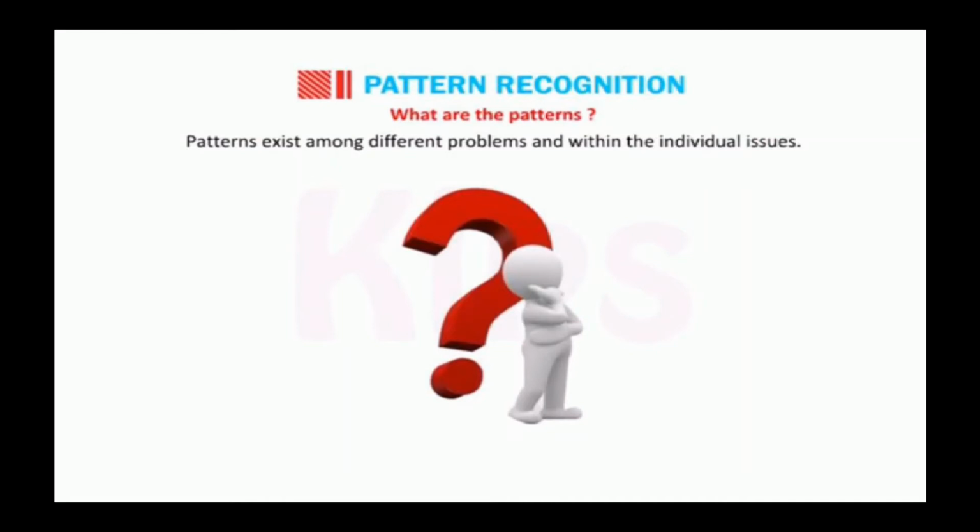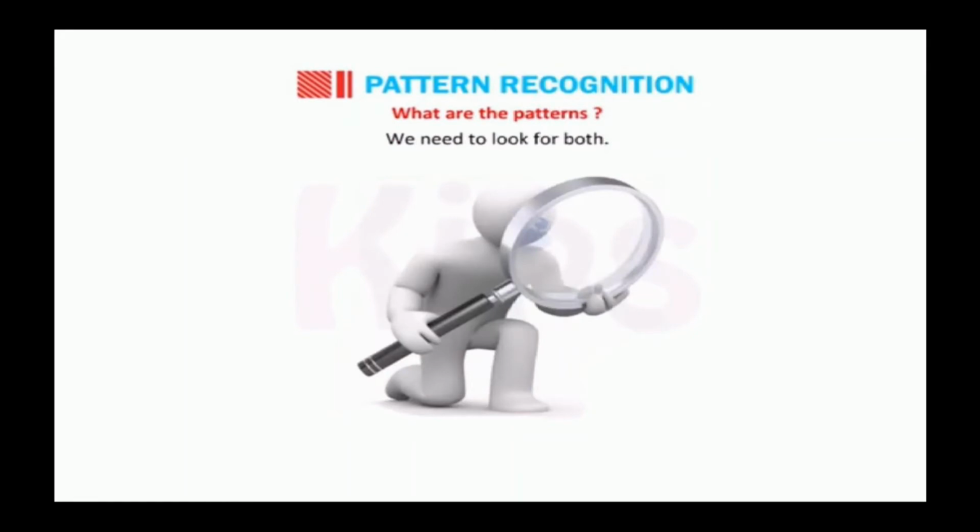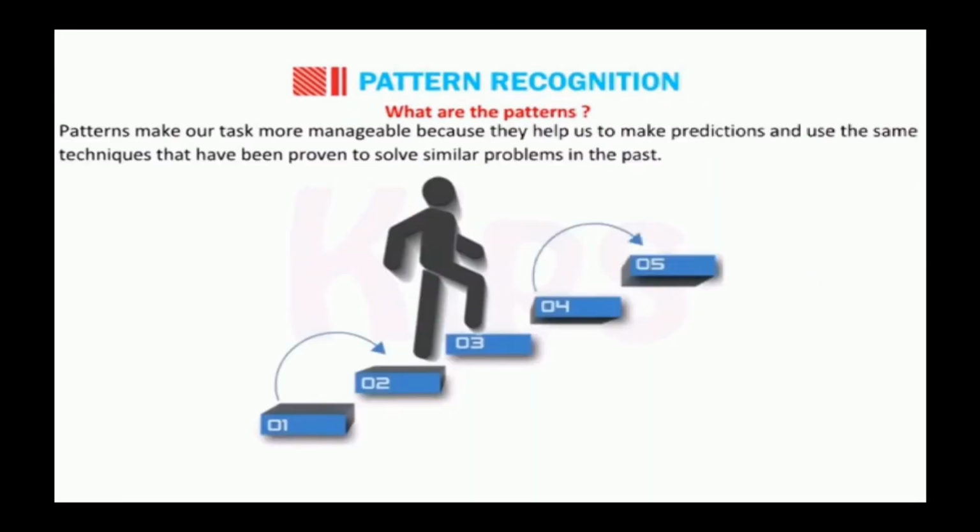Now, patterns exist among different problems and within the individual issues. We need to look for both. Patterns make our task more manageable because they help us to make predictions and use the same techniques that have been proven to solve similar problems in the past.